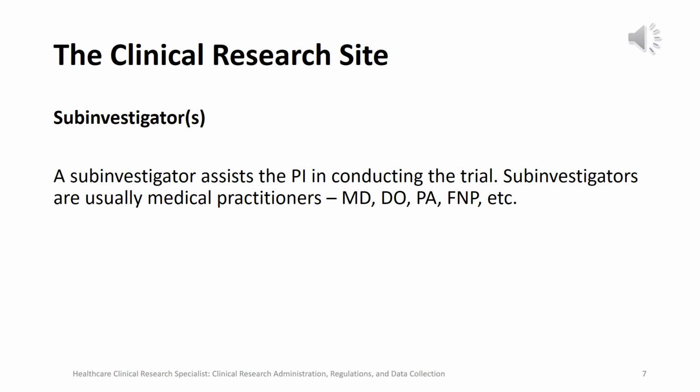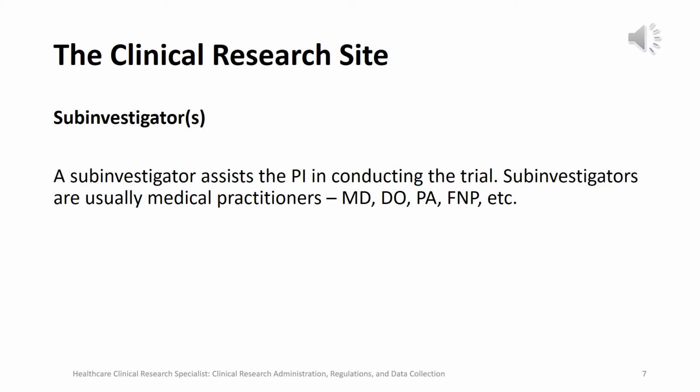The next role that we'll talk about will be the sub-investigators. A sub-investigator assists the PI in conducting the trial. Now, in most cases, sub-investigators are usually going to be medical practitioners. They could be an MD, a DO, a physician's assistant, a nurse practitioner, or some other licensed professional that can conduct the various medical procedures that are required for the trial.